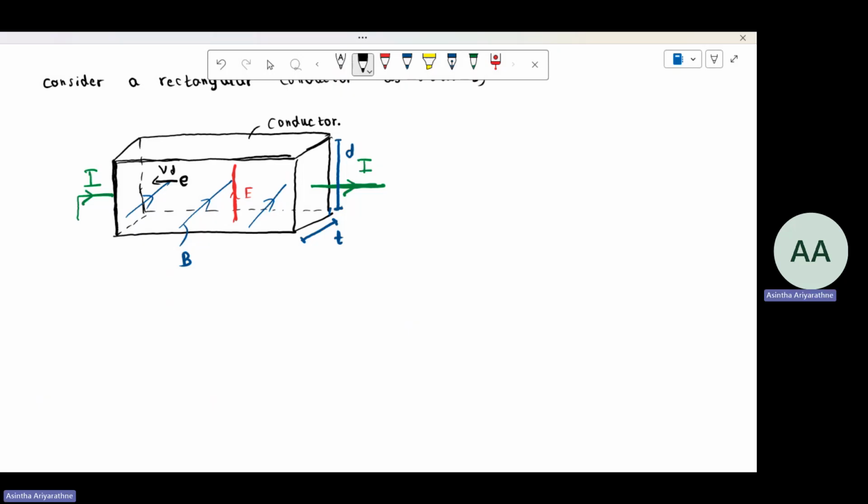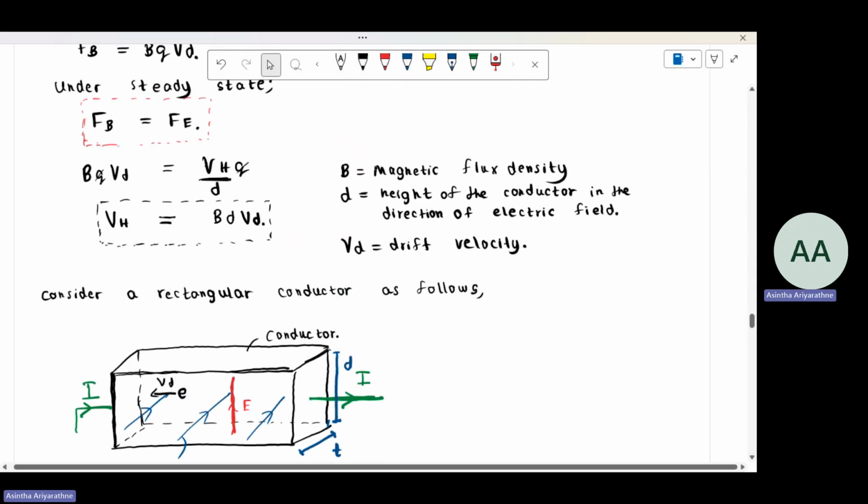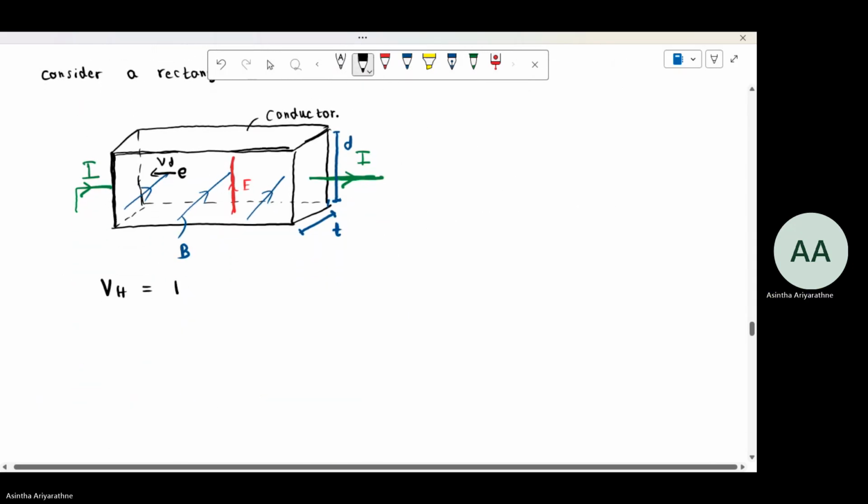Right, from the above expression we can find VH. VH is B into Vd into D, where Vd is the drift velocity.